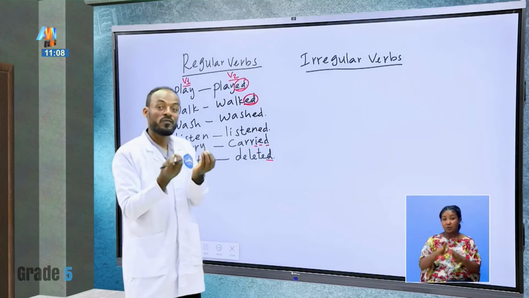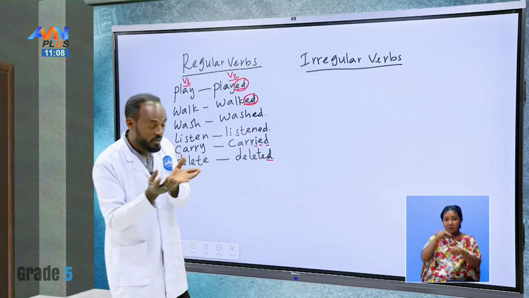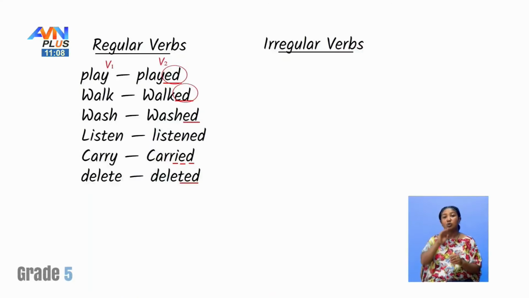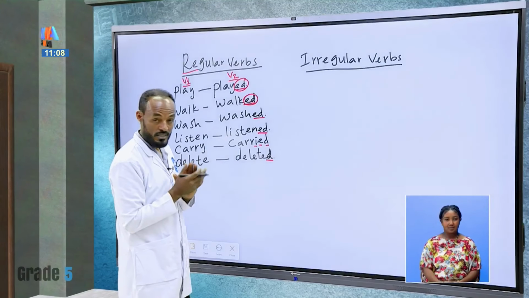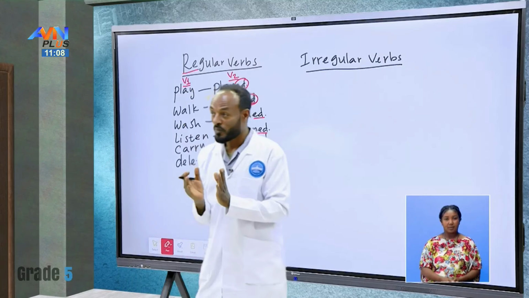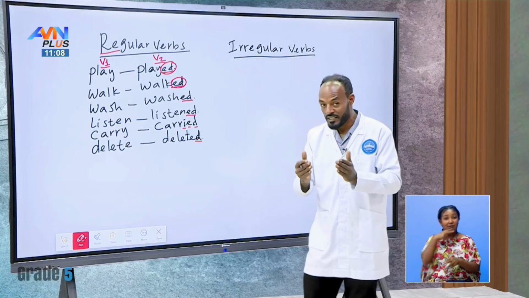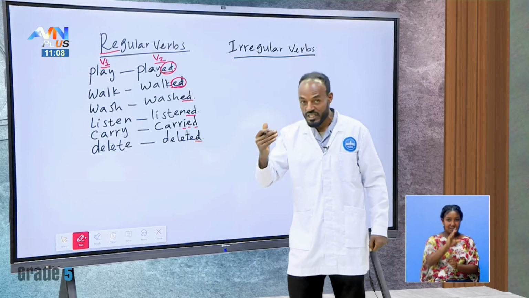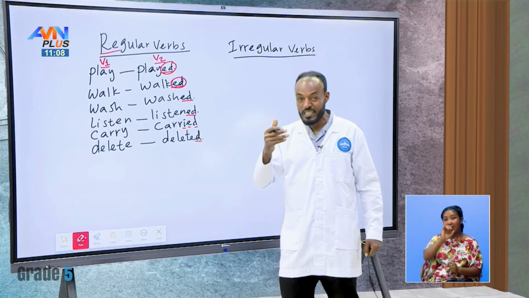So they have fixed forms. Since they have a fixed form, that should be considered a regular verb. Look, regular verb. Is it clear? So, bear in your mind, regular verbs are the verbs which take d, ed, or ied. It depends on the given word.